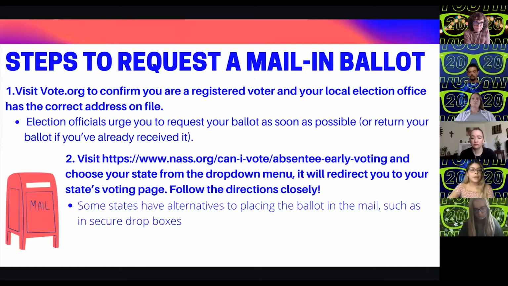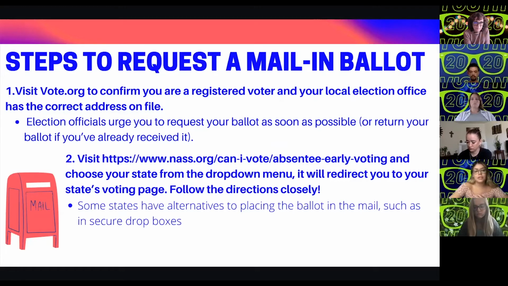To request a mail-in ballot, first, you should confirm that you're a registered voter and that your local election office has the correct address on file. Today, there was an article in the Times that the U.S. Postal Service was missing 1.8 million ballots because they didn't have the correct addresses on file.